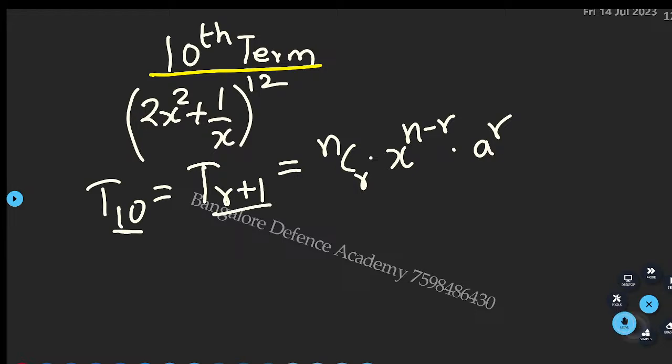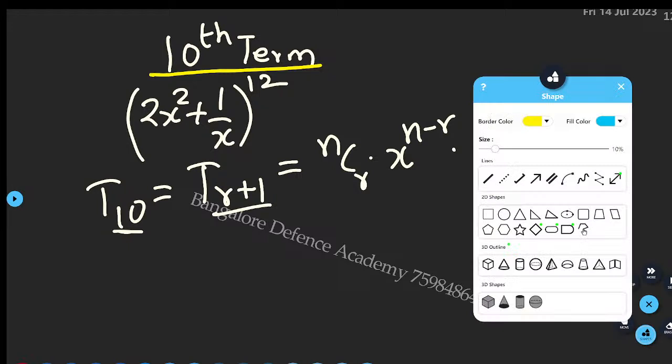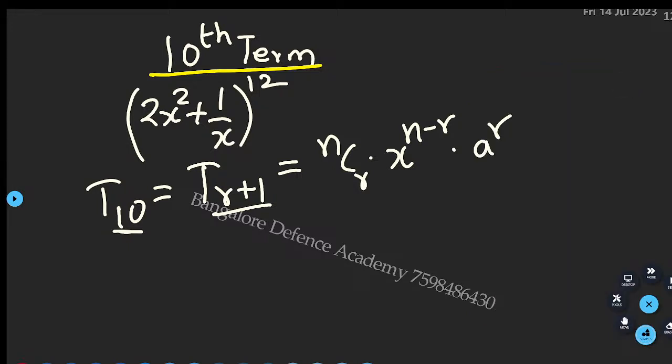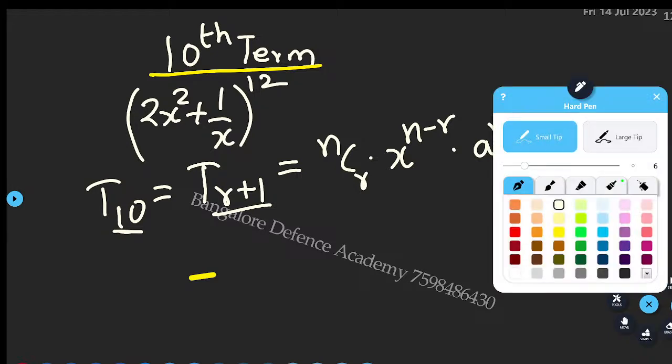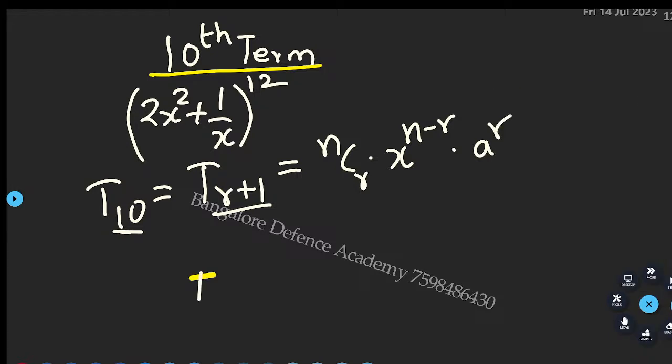Look here, 10 is written as what? r plus 1. So I will write t, can I write 9 plus 1? Because 9 plus 1 gives me 10. So what is the value of r? 9. We got the value of r.